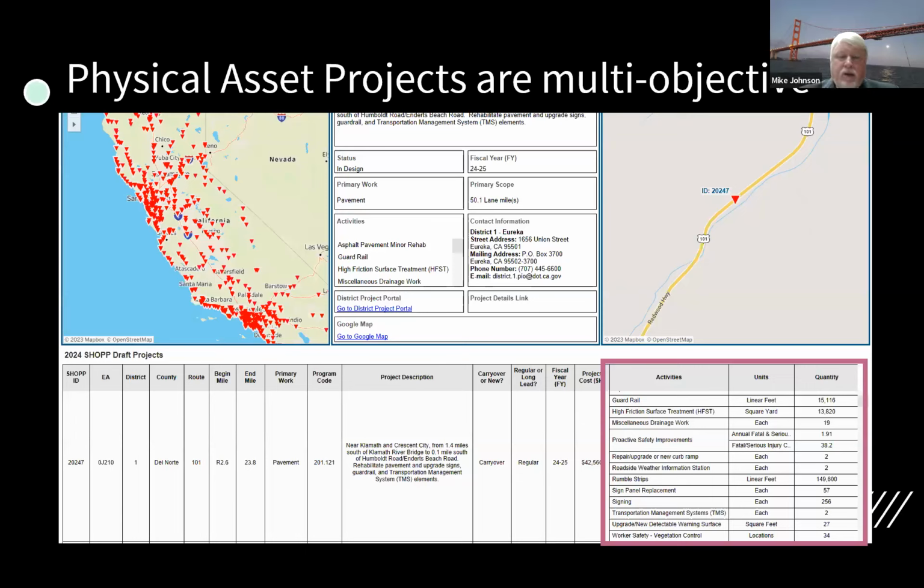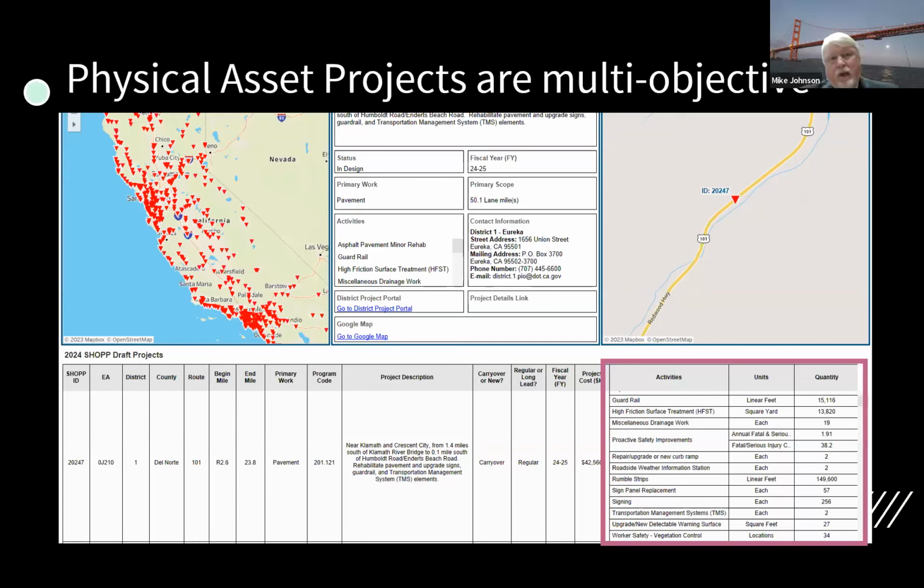So there's a lot going on in this project that gets lumped budgetarily into pavement, but you could see from looking at this that not all of the dollars are going to pavement. Pavement just happens to be what we call the anchor asset for this project.